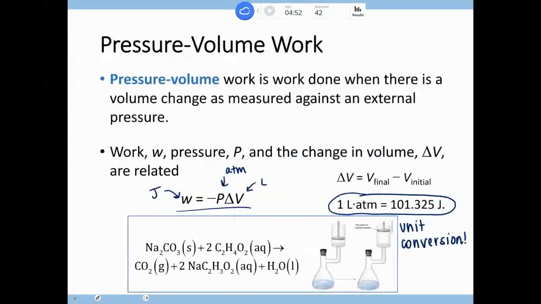If we go back to that image here, this is not what's happening, but if we just look at one of these, we're decreasing total volume, the piston's going to go down. And the system is not doing work on the surroundings, the surroundings are doing work on the system, so that also indicates that the piston will go downward.